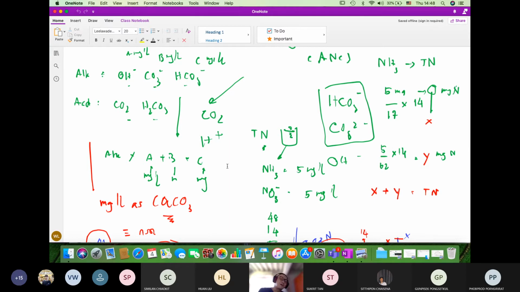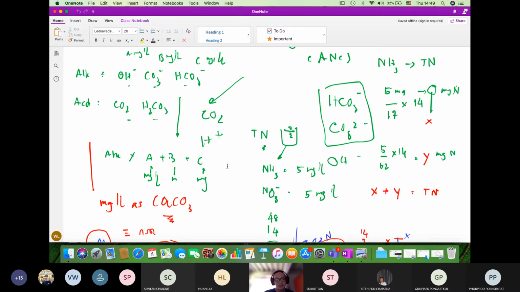Several types of ion cause these three parameters. That is why, in order to make it more meaningful, we convert the unit into milligrams per liter as calcium carbonate, with respect to something present in water.